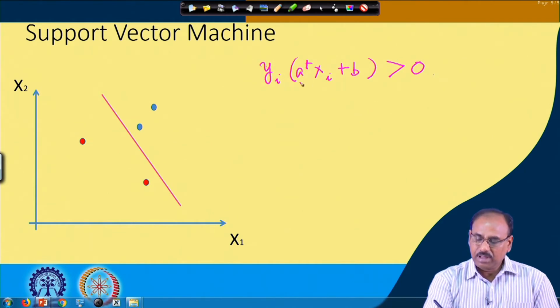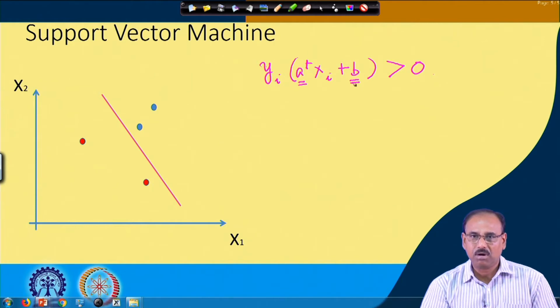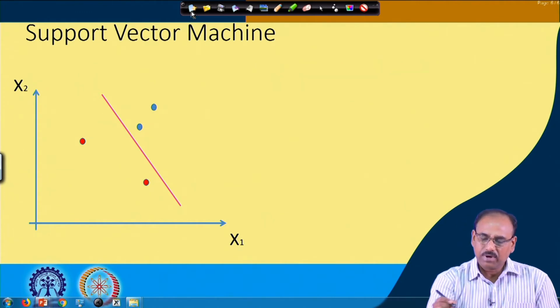Now, for different values of the vector A and for different values of the bias b, I get different such planes, but for each such plane I will have different margins or different confidence levels of classification. So, what is that?